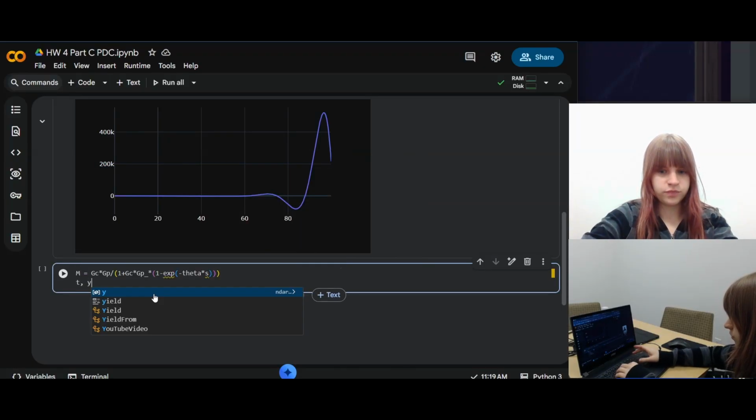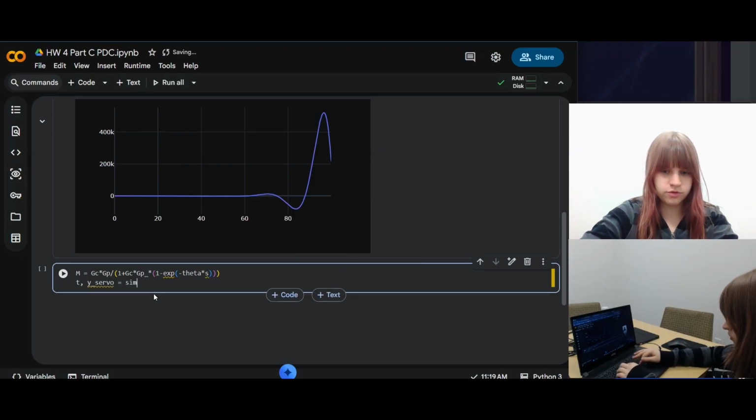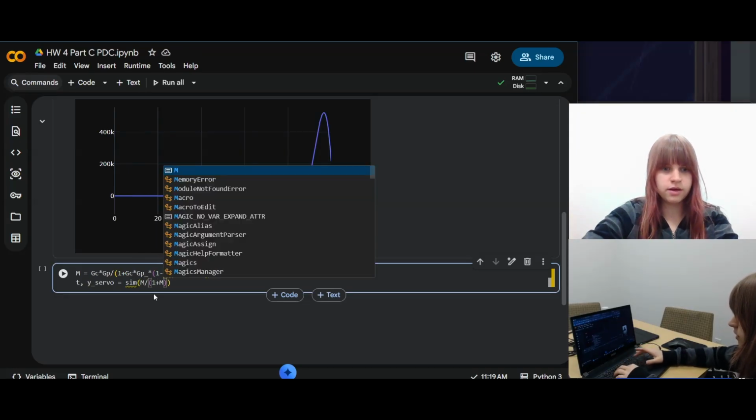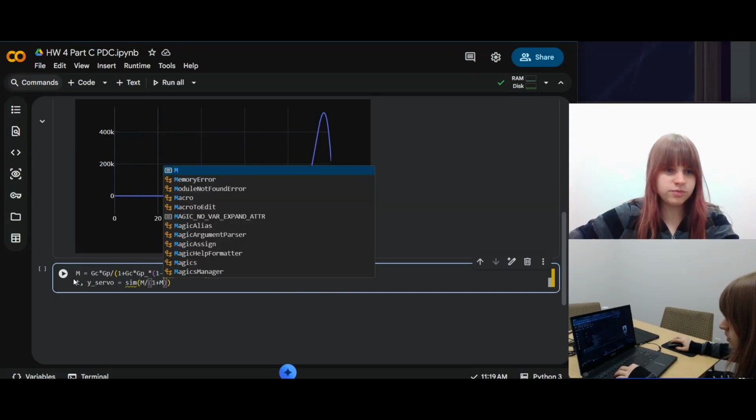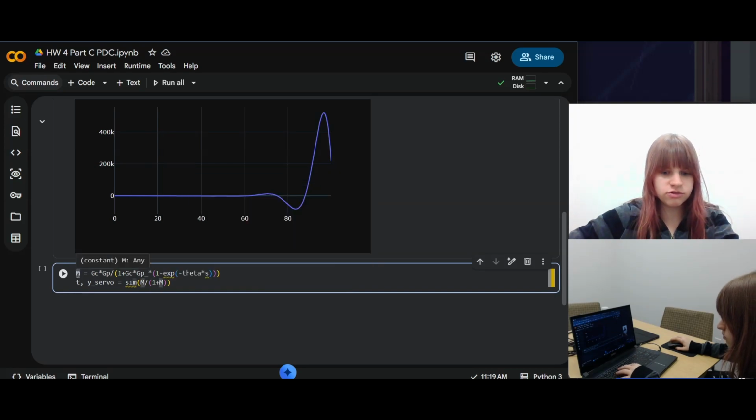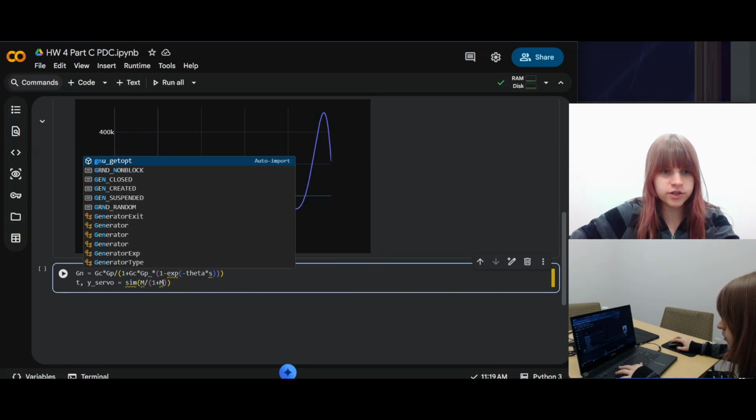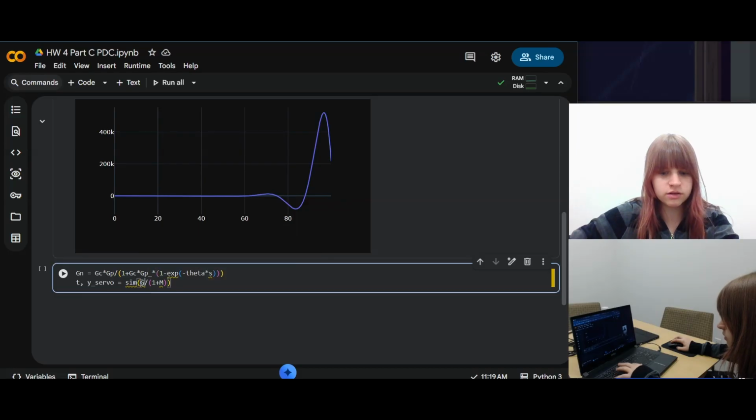We have T y is equal to the sim of m divided by 1 plus m. Actually, I should be using my gn that I defined earlier, so let me change that.